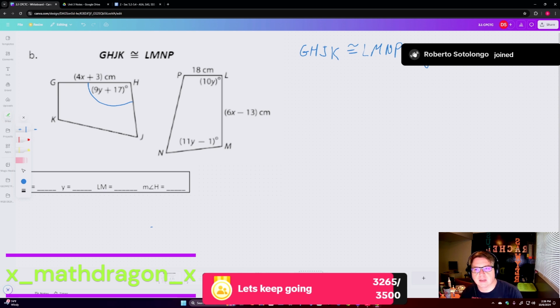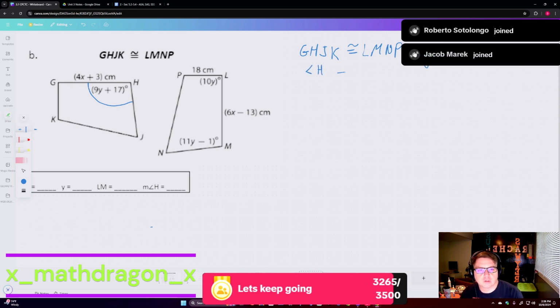Then we can say angle H is congruent to angle M by CPCFC. Congruent parts of congruent figures are congruent. Then substitution. We're going to say angle H is 9y plus 17 is equal to 11y minus 1.